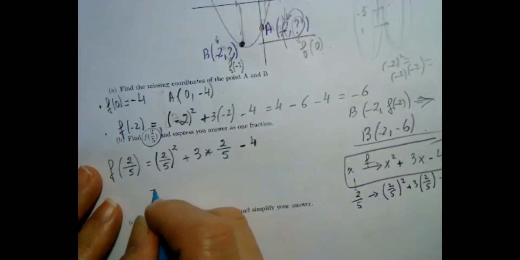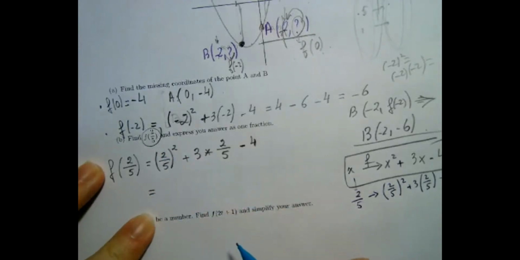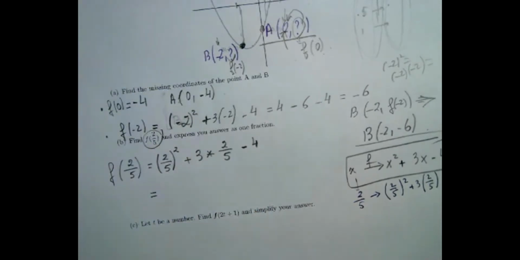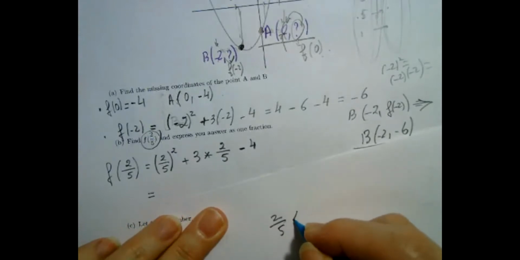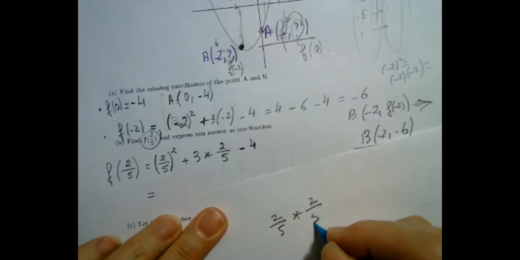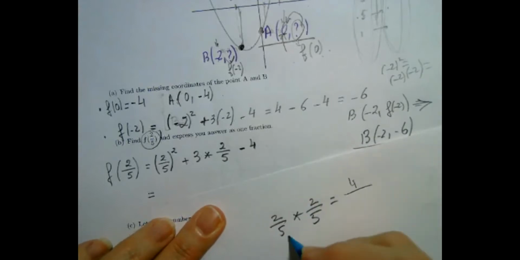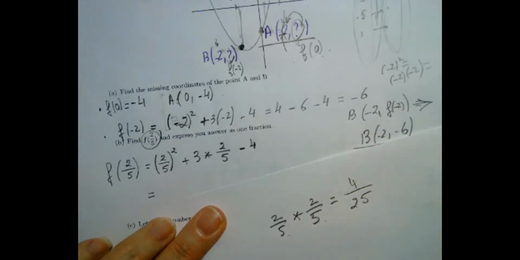It's equal to 2/5 to the power 2. How much is that? Remember, I just tried to remind you, what's 2/5 to the power 2? It's 2/5 times 2/5. It means 2 times 2 is 4, over 5 times 5, 25.